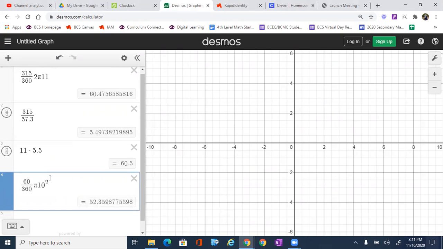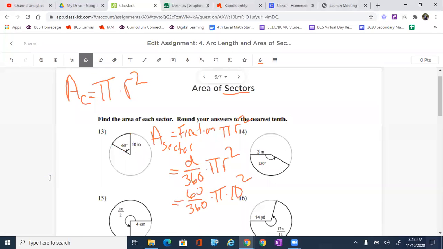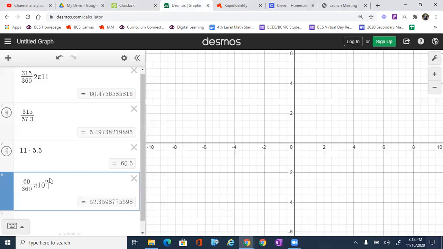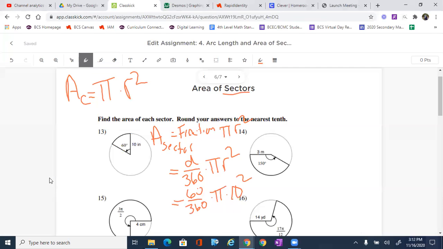That gives us 52.35 or 52.4. So it equals 52.4 inches squared.